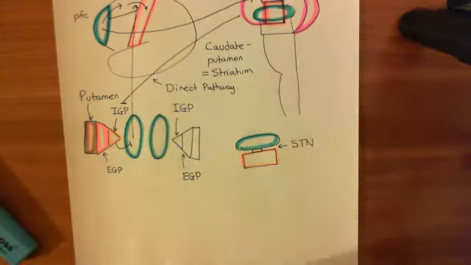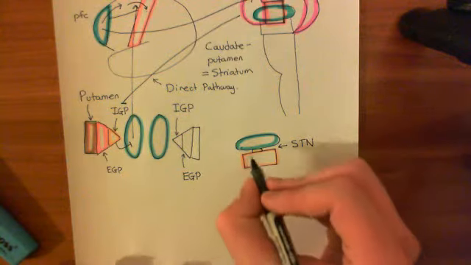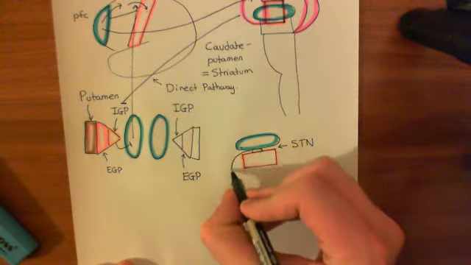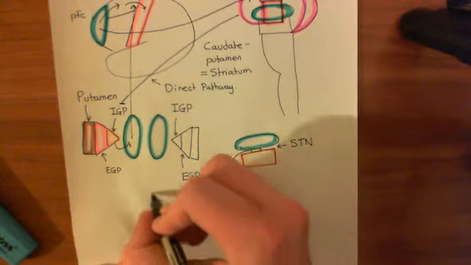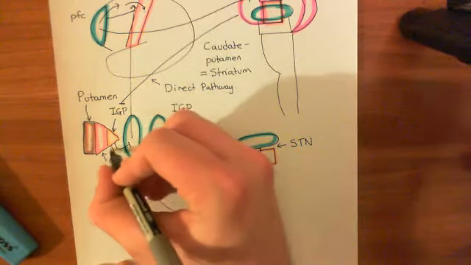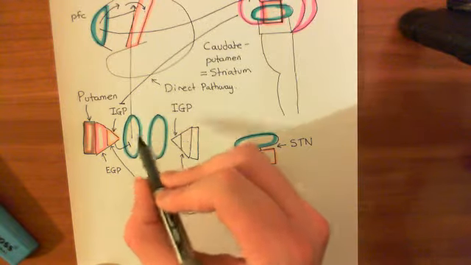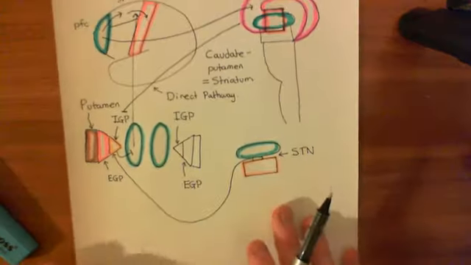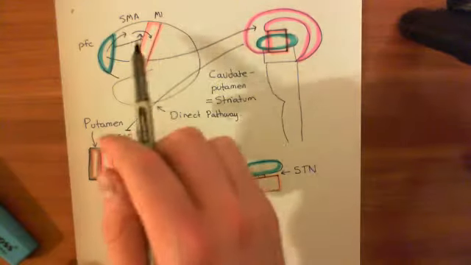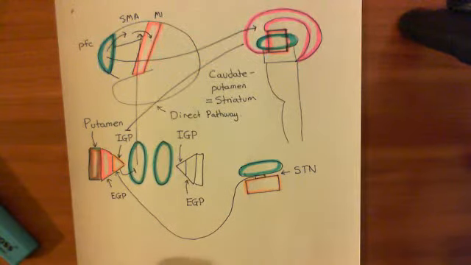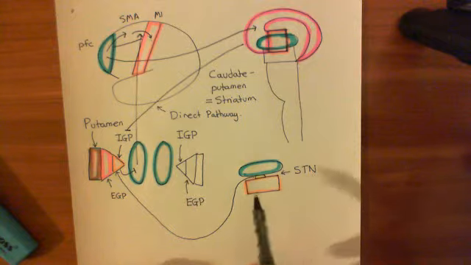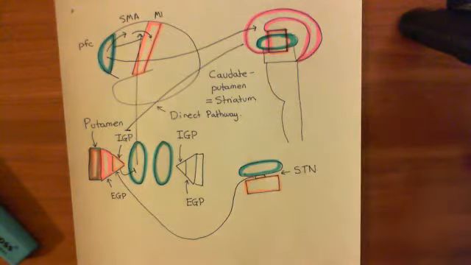Now, basically, the subthalamic nucleus continuously is activating the internal globus pallidus. So remember, the internal globus pallidus is continuously inactivating the thalamus and therefore stopping the motor plans from getting from the supplementary motor area to the primary motor cortex. The subthalamic nucleus is also involved in that by activating the internal globus pallidus.